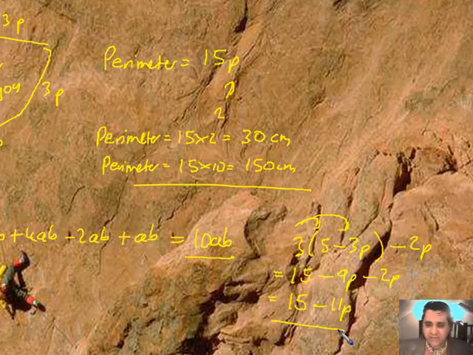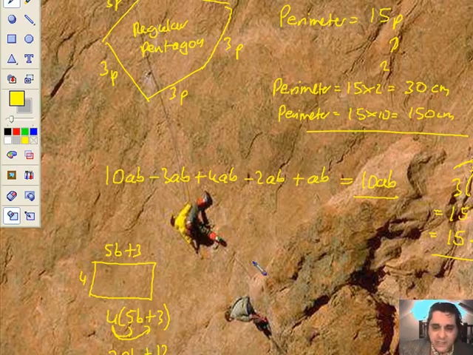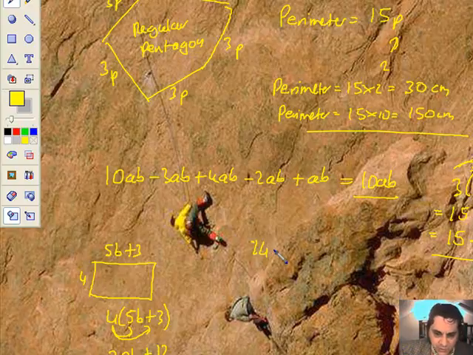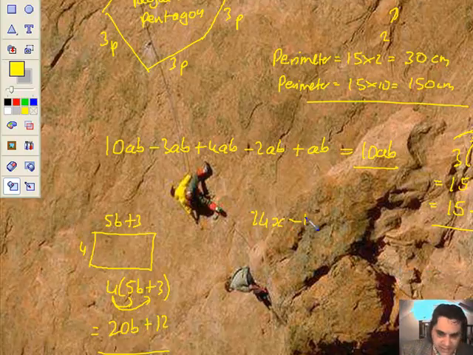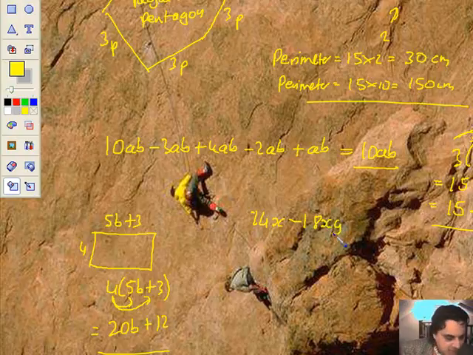Now for question 7, I'll just do one of them. I'll do 7b. It says factorise fully. So I've got 24x minus 18xy. Remember, xy just means x times y. Highest common factor of 24 and 18, that's going to be 6. So to pull out a 6, take an x from you and take an x from you.